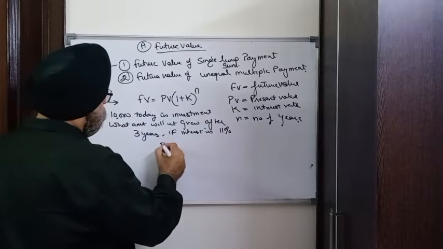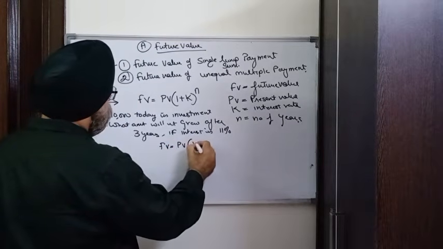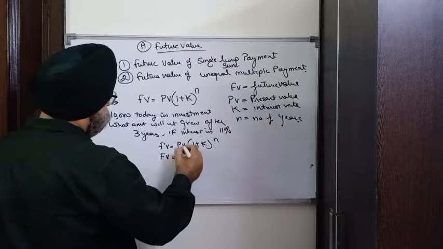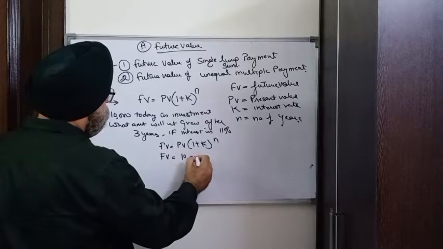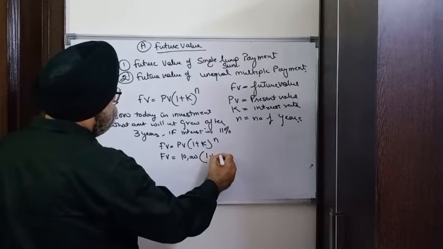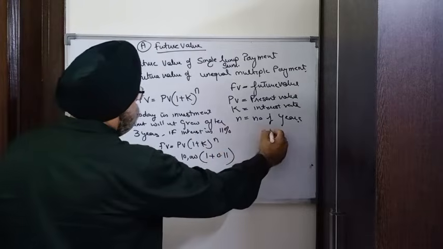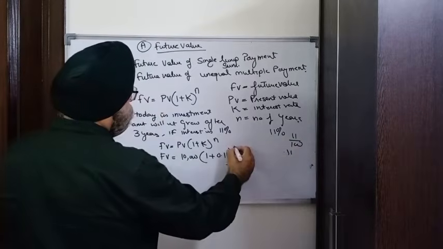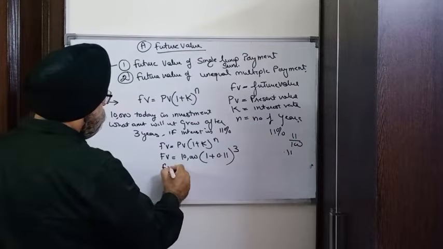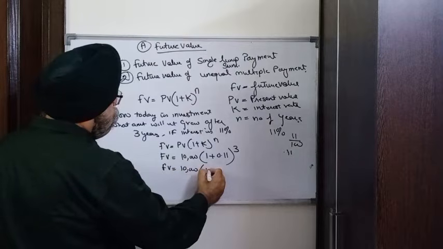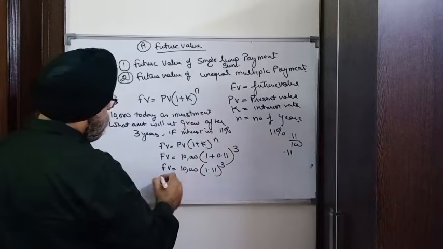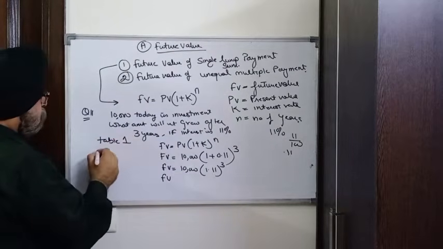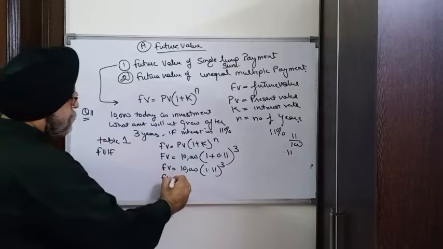So the formula will be FV is equal to PV (1 plus K) raised to power N. This is 10,000 (1 plus 11%). 11% means 11 by 100 or 0.11, raised to power 3. FV is equal to 10,000 into 1.11 raised to power 3, and we have to use table number 1, which is the FVIF table.